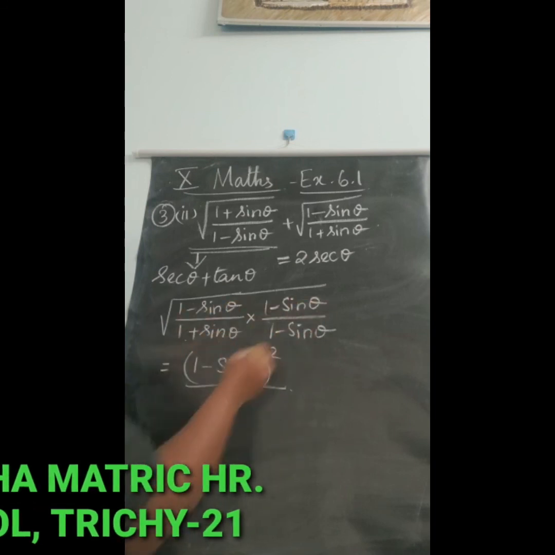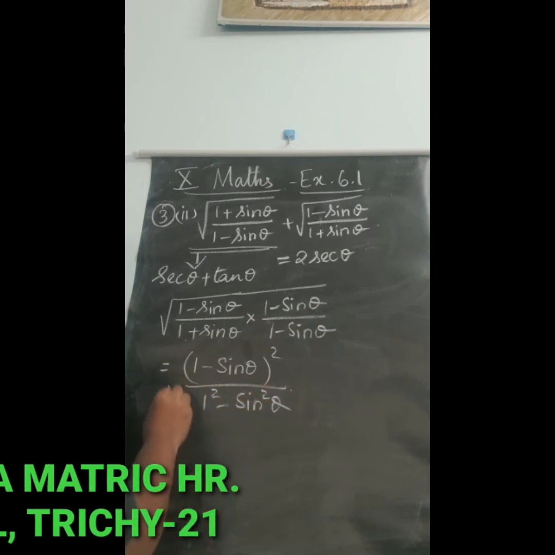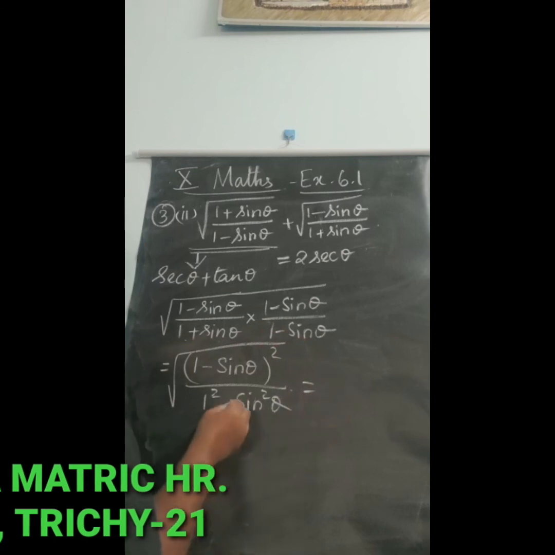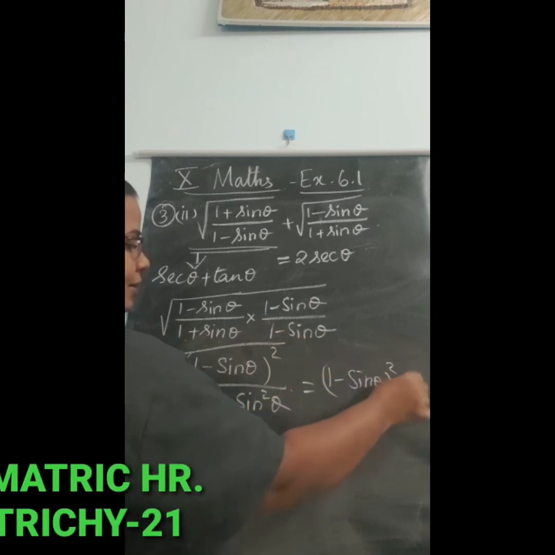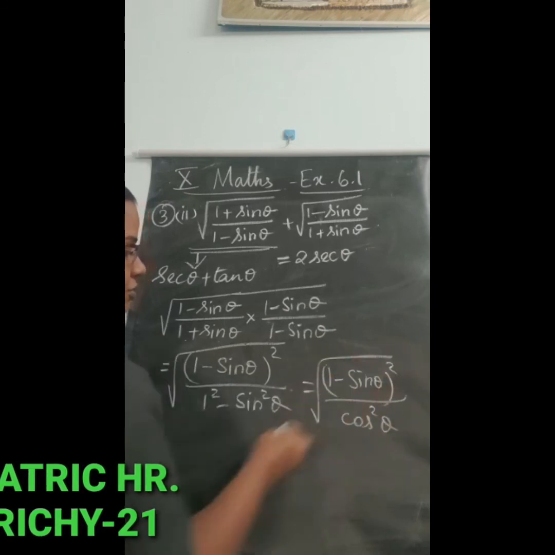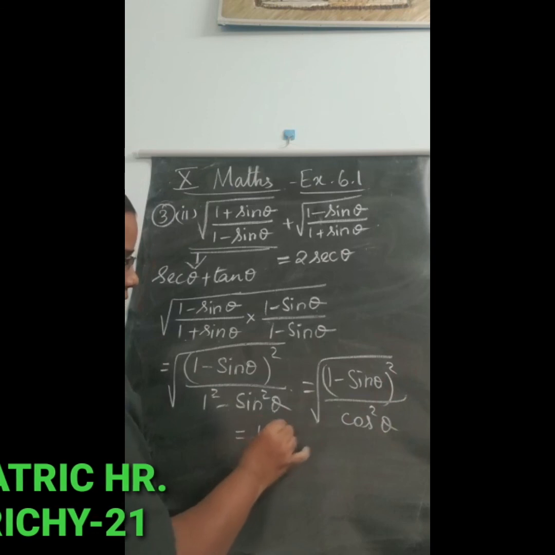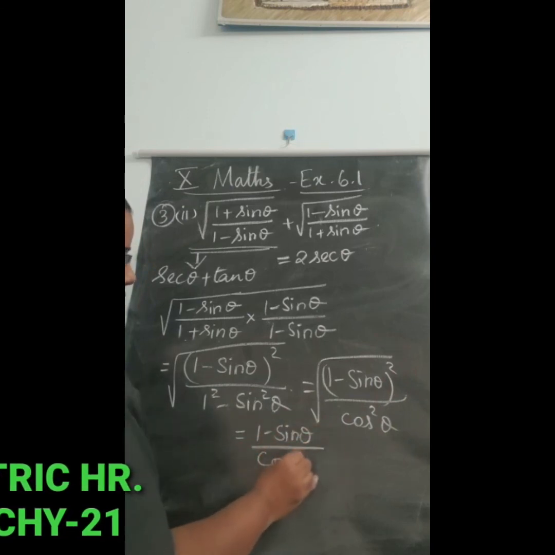Here a plus b into a minus b, so 1 minus sin square theta, root of. So that is equal to 1 minus sin theta the whole square divided by cos square theta, root of. So the root will be cancelled, so 1 minus sin theta divided by cos theta.